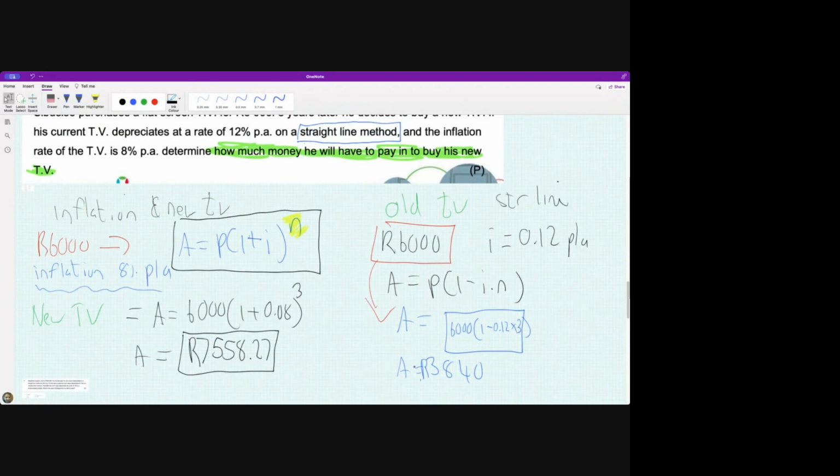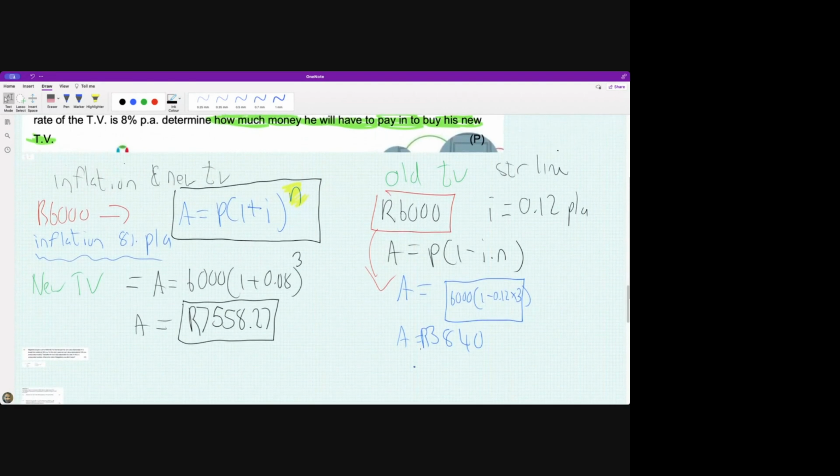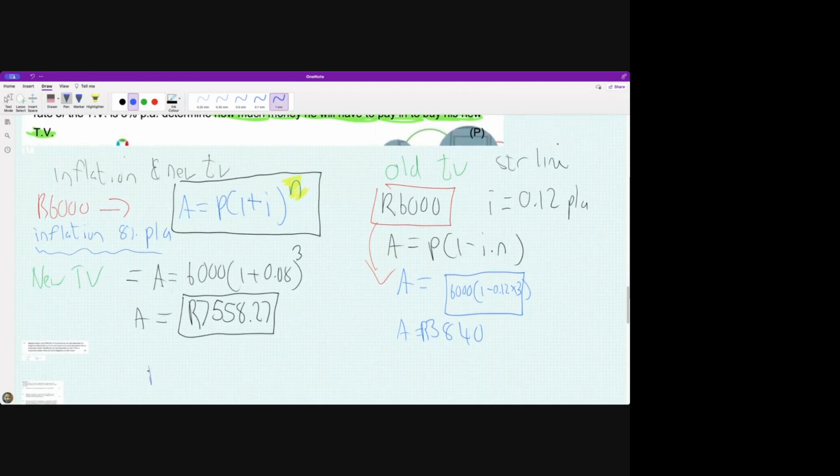How much money do I still need for my new TV? So I know how much the new TV costs. I know how much credit I've got from this one.